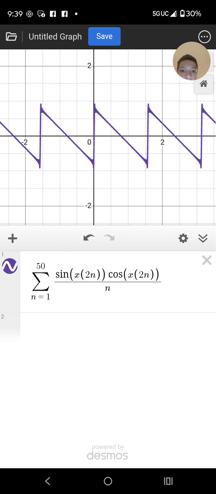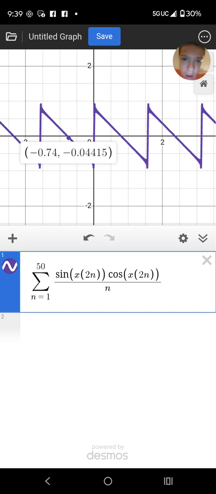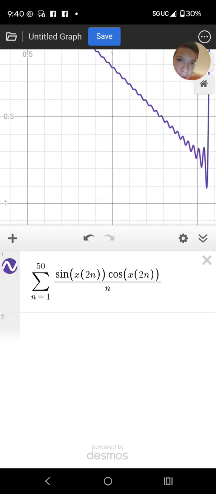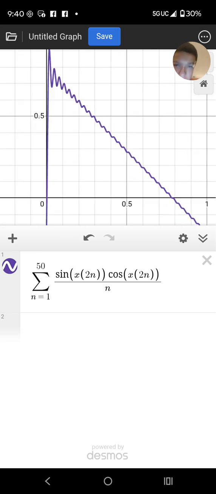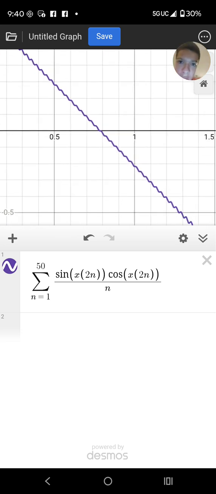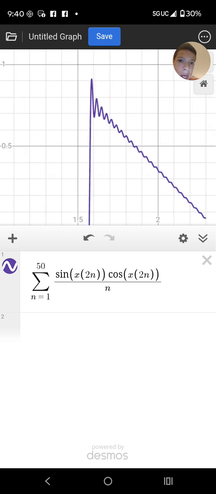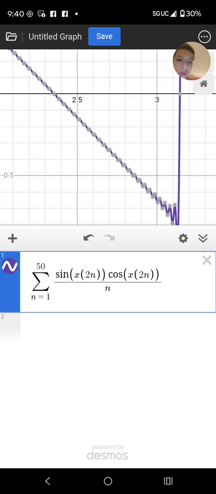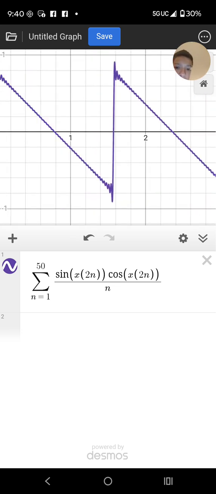Let's make it double the size. We get a triangle-like shape, a right triangle. As this 50 goes to infinity, the triangle gets more and more sophisticated until it perfectly represents a triangle. You see, these are all curves, and they're periodic, they're repetitive. So you can see how there are sine and cosine waves all over this to create a pretty nice approximation.